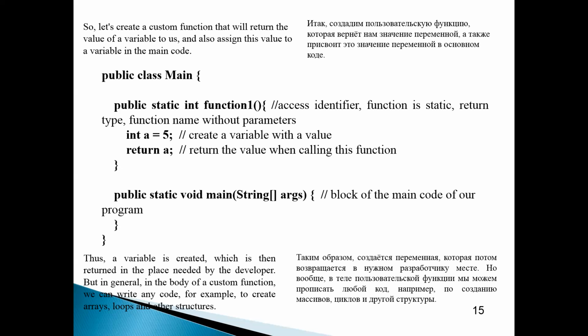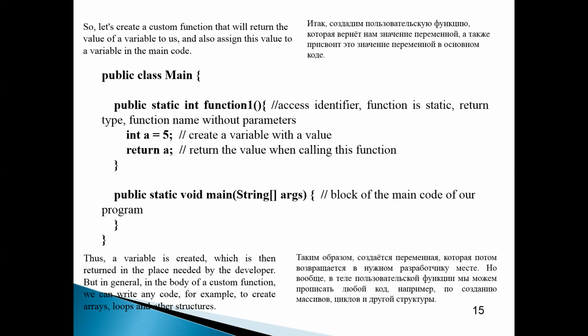Public class main. First line, public static int function, round brackets. Comment: access identifier, function is static, return type, function name, without parameters.